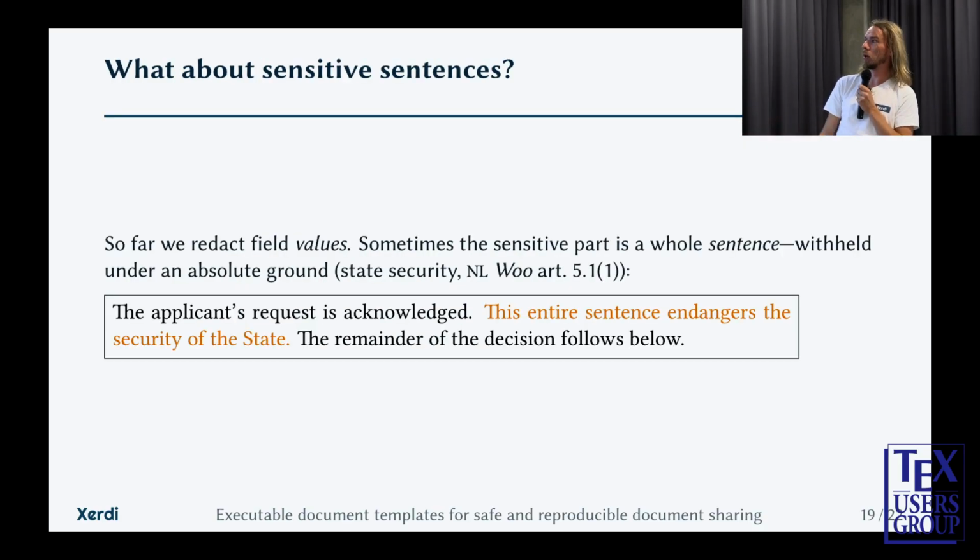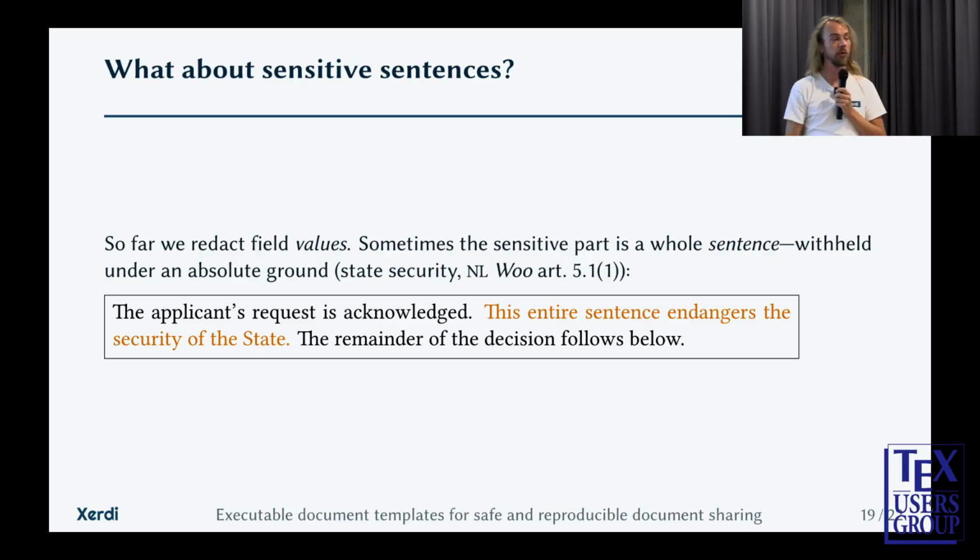But there's also another use case. For example, in Dutch law, there are rules like a sentence which endangers the security of the state. This isn't a variable. This is in prose, right? Like in the text somewhere. So you'll also have to be able to do that.